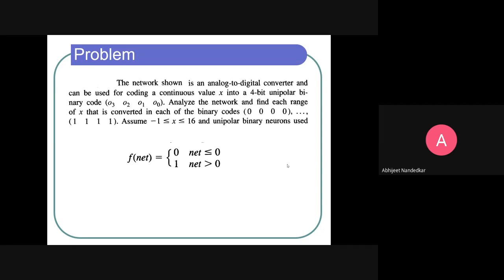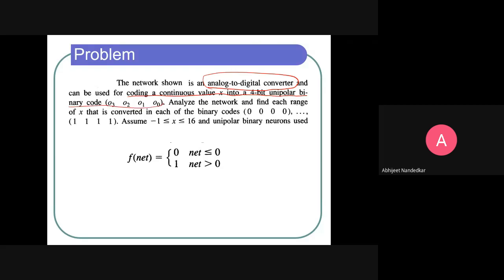Now the problem here is an analog to digital converter using perceptrons, which can be used for coding a continuous valued input X into a 4-bit unipolar binary code.